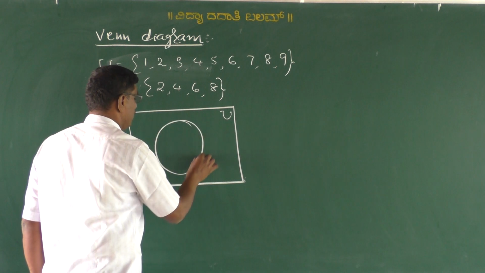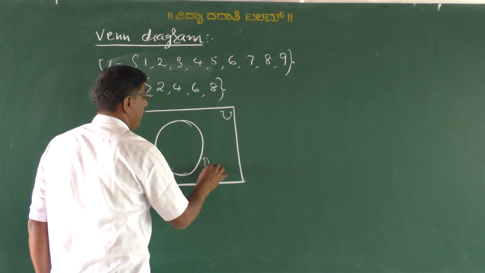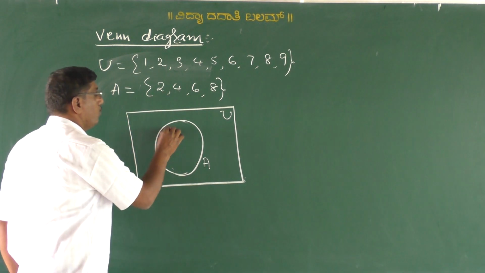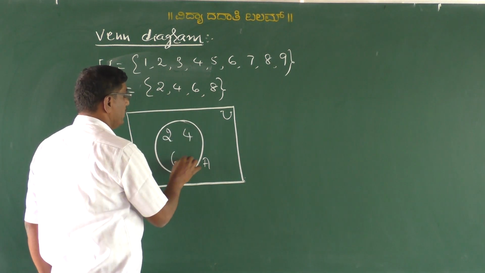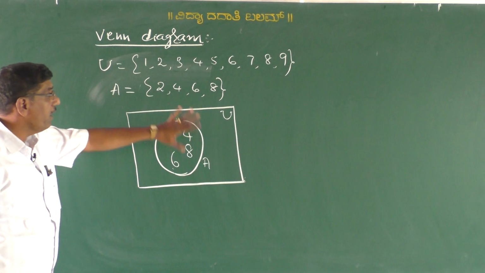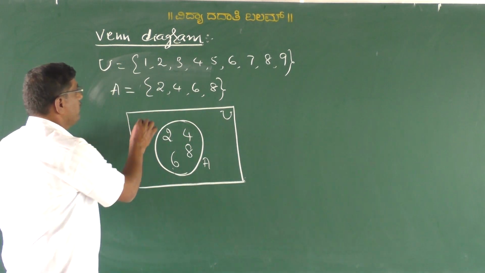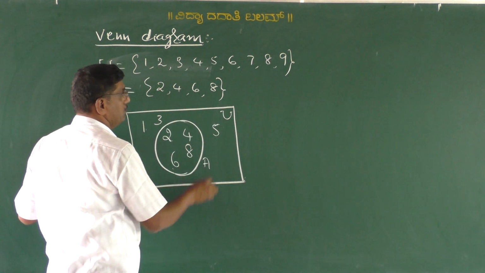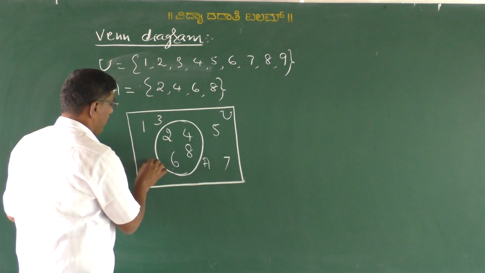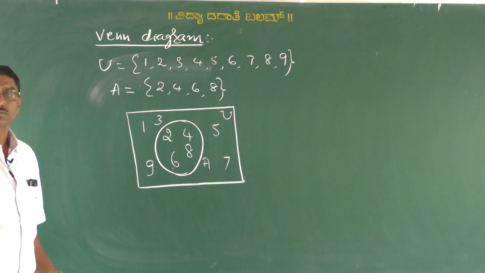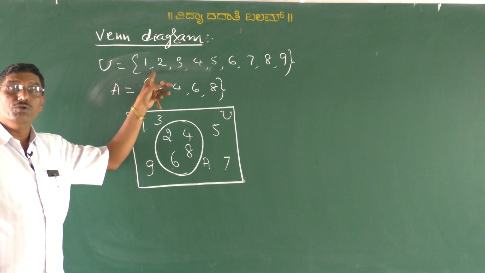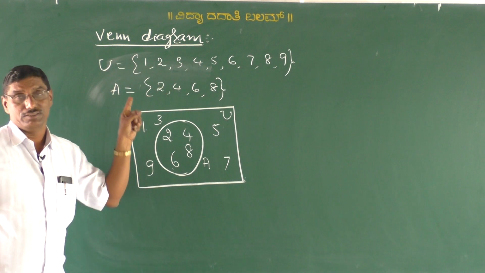This is the subset of the universal set, that is A. Now the elements of A are 2, 4, 6, 8. The remaining elements of U are 1, 3, 5, 7, 9. This represents the Venn diagram of the universal set and its subset.